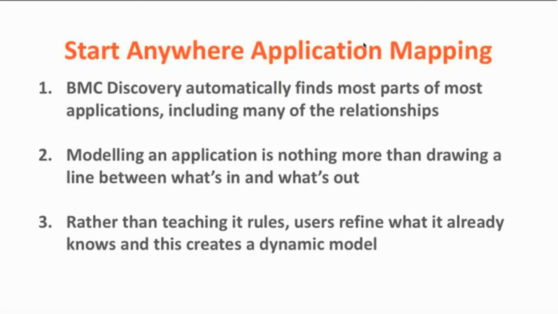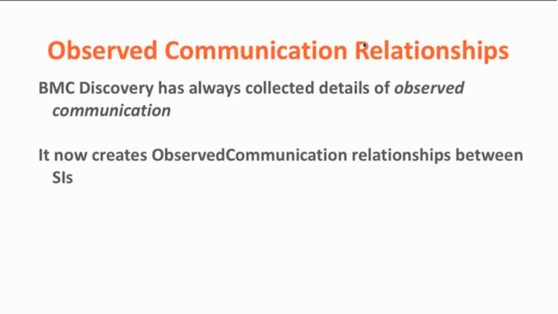It's a completely new paradigm for managing the relationships, the impacts, and so on. When we designed the product initially, we always captured observed communication, but there was never really a relationship defined within the CMDB or within the product to manage that observed communications.